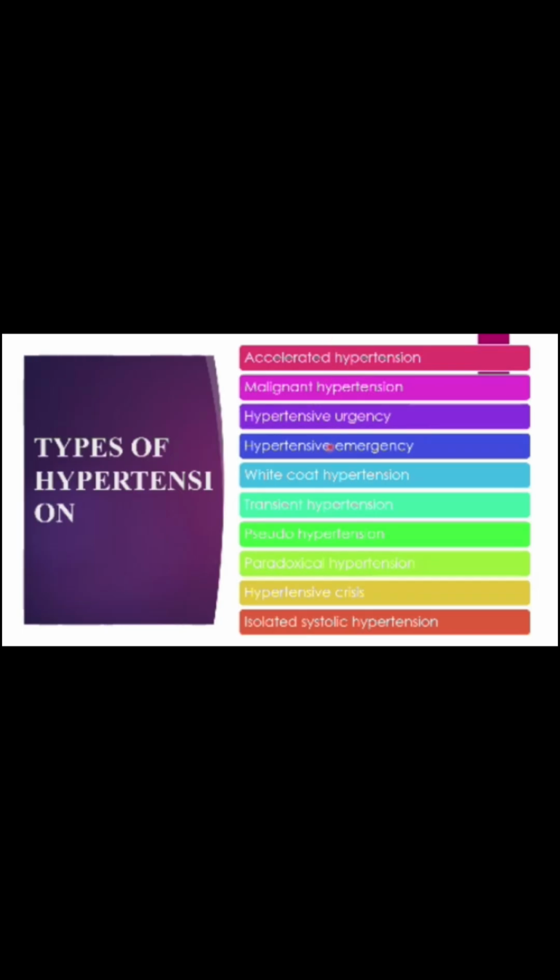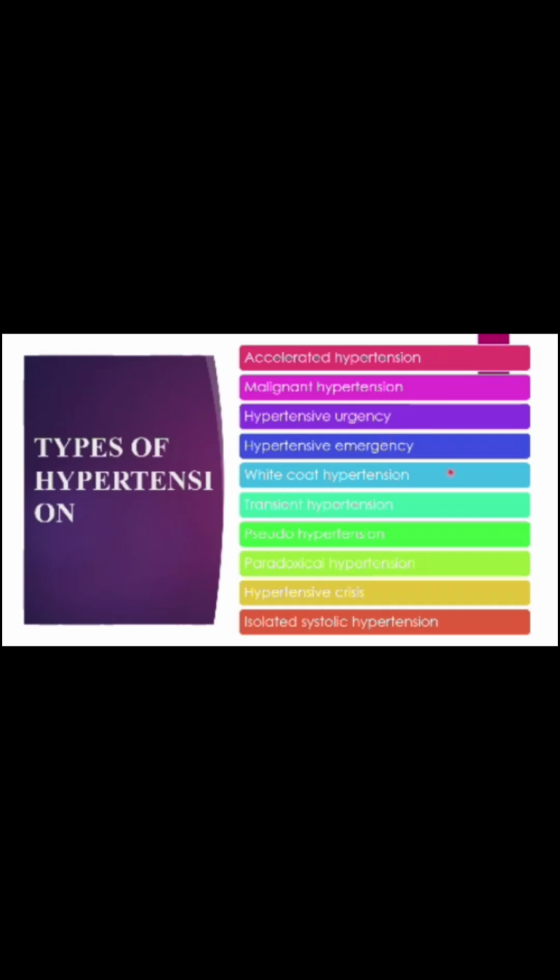In hypertensive urgency, BP increases to more than 180 by 120 mm of Hg, and there is no organ damage. But in hypertensive emergency, the BP increases similarly, to more than 180 by 130 mm of Hg, but it causes organ damage.